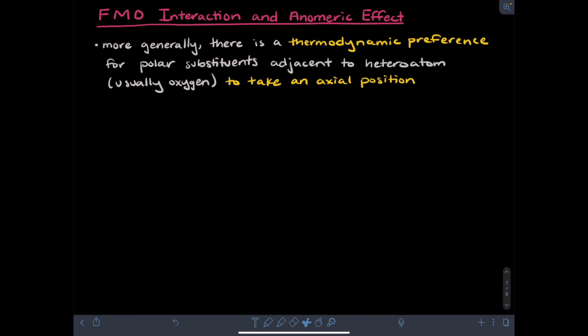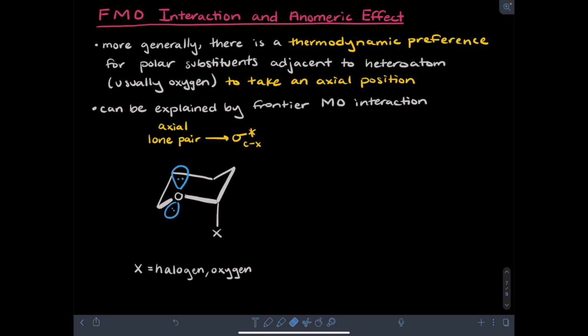To more generally describe the sets of observations I gave you on the previous page, here we're talking about the fact that there is a thermodynamic preference to put polar substituents next to a heteroatom like oxygen or nitrogen at an axial position of a cyclohexane ring.